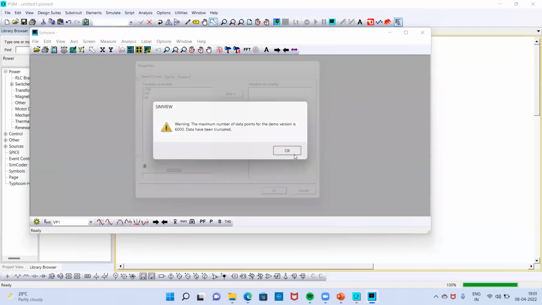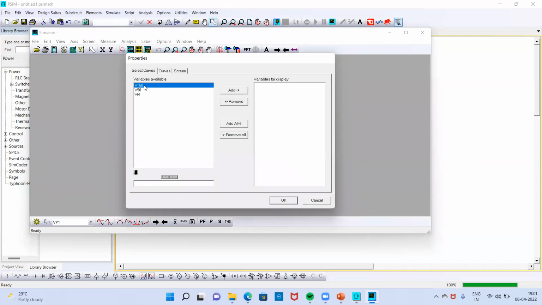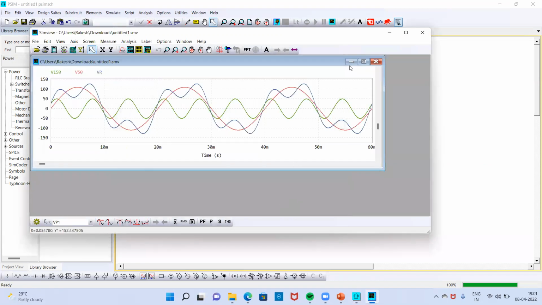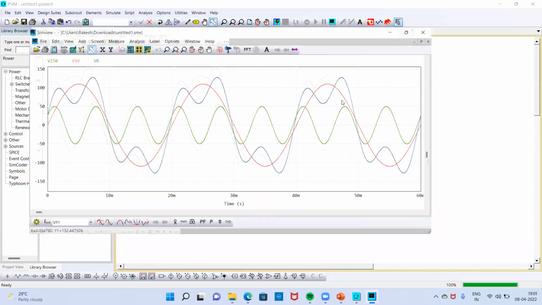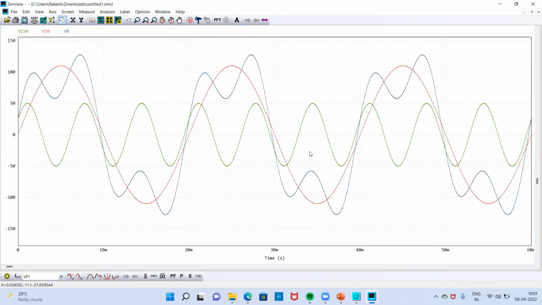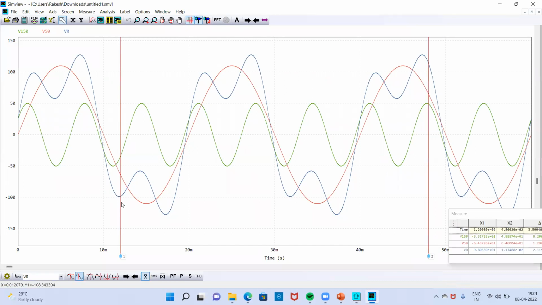I will select all these three things: 50 hertz, 150 hertz, and resultant. You can see this waveform. If you see here, this pointer, what is the value here?